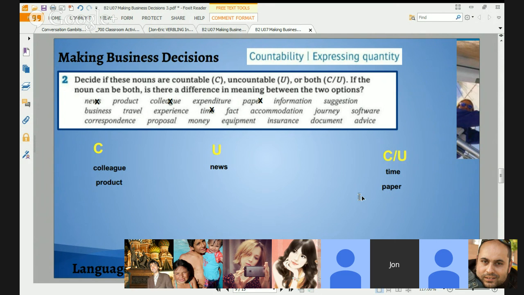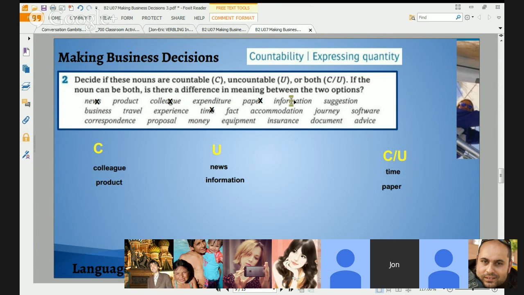So can you give me one that is uncountable? Information. Information. Very good. That's it. Absolutely uncountable. You're right.